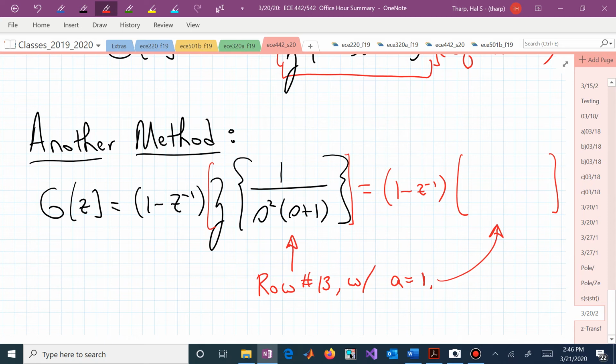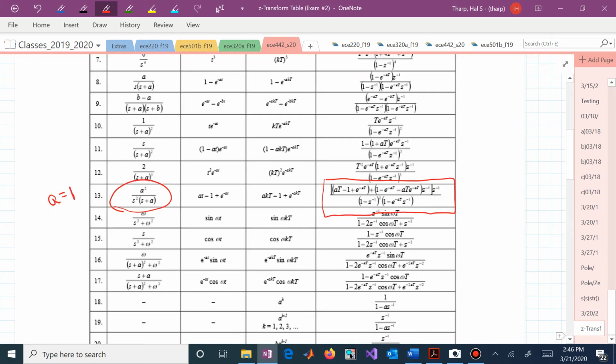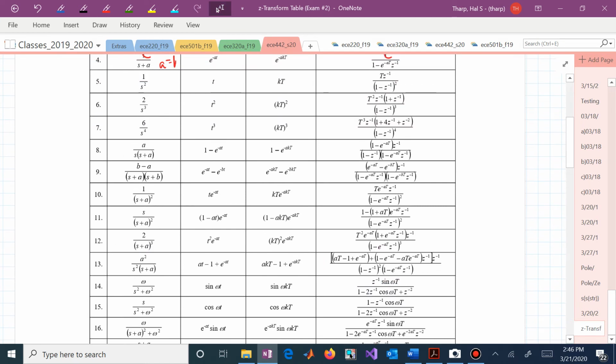Hopefully that now clarifies a little bit beyond what we talked about in lecture 4.1, when maybe I was simply doing very simple expressions associated with the z transform of curly brace operation. When this becomes an expression that contains more than one factor in the denominator, then you need to partial fraction expand that or find something in the table that allows you to find its representation.